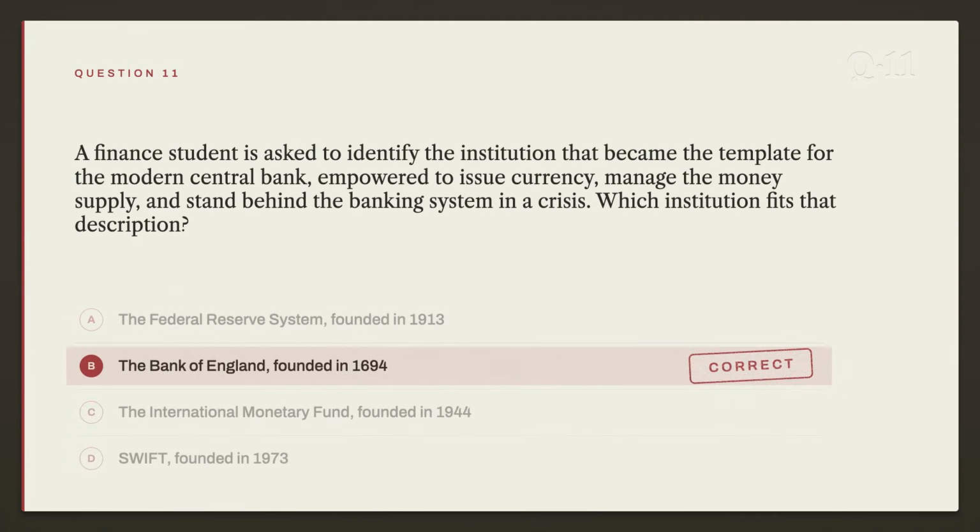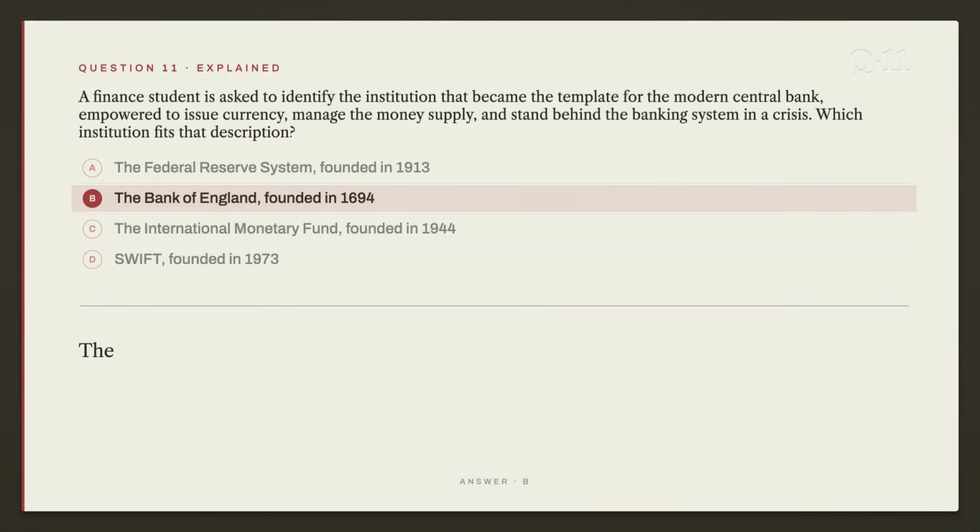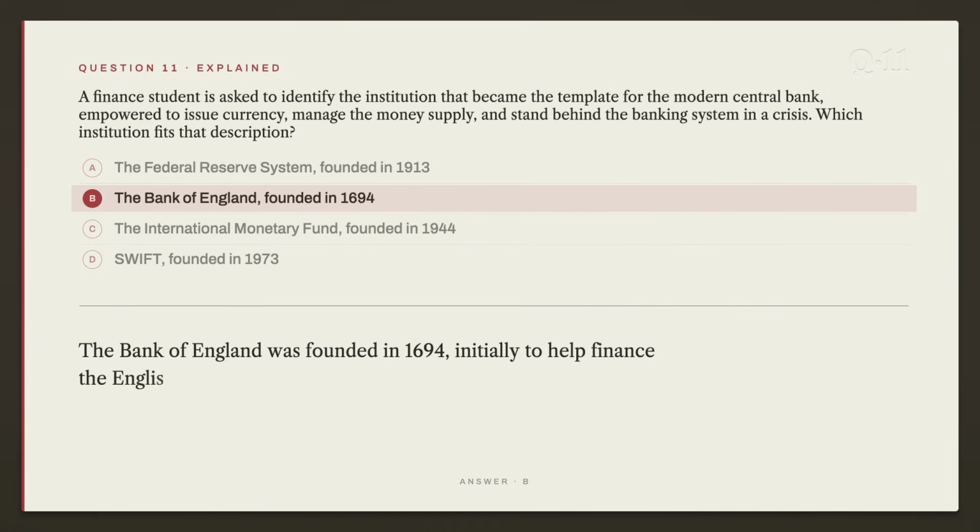The correct answer is B. The Bank of England, founded in 1694. B is correct because the Bank of England was founded in 1694, initially to help finance the English government's war debt, and became the model that other nations later followed. Its combination of currency issuance, monetary management, and support for the banking system is what defines a central bank.